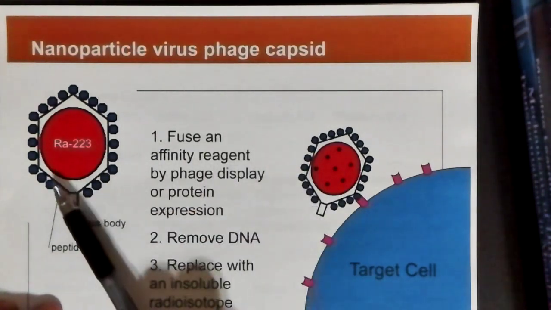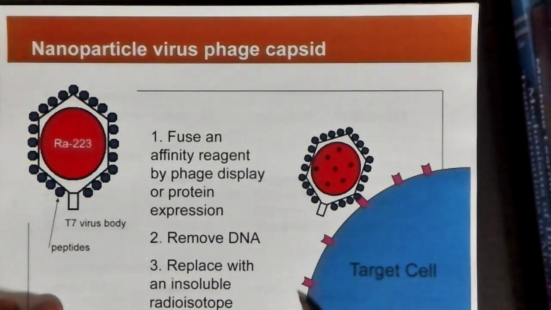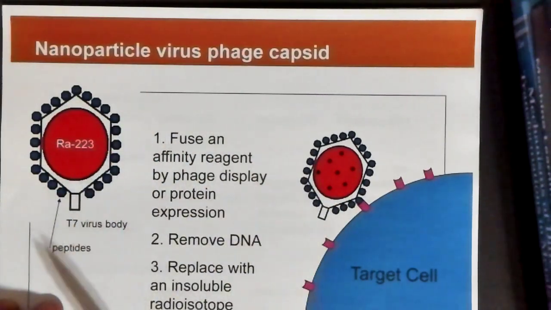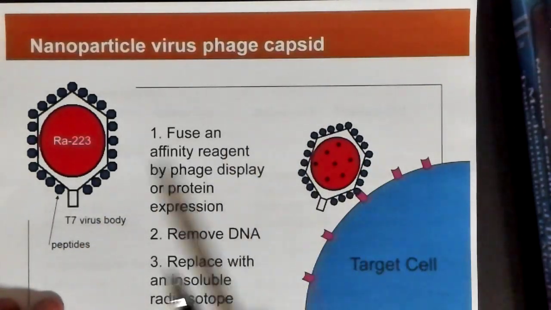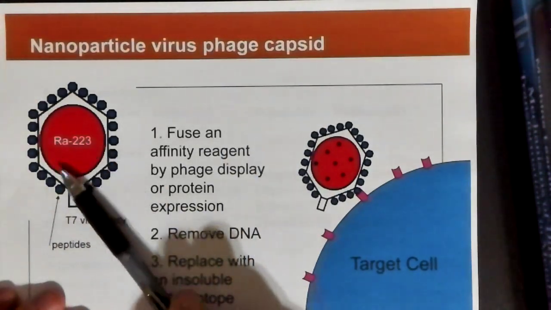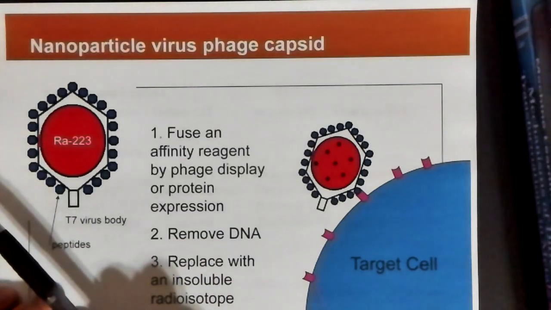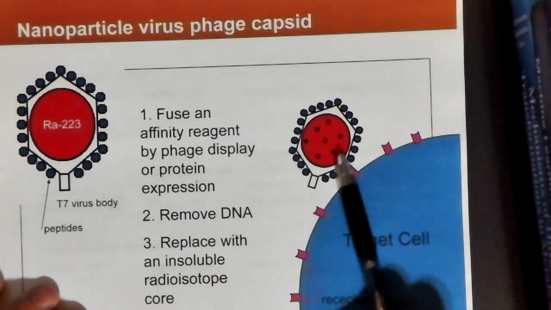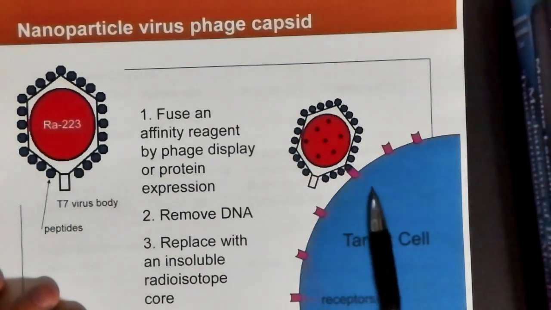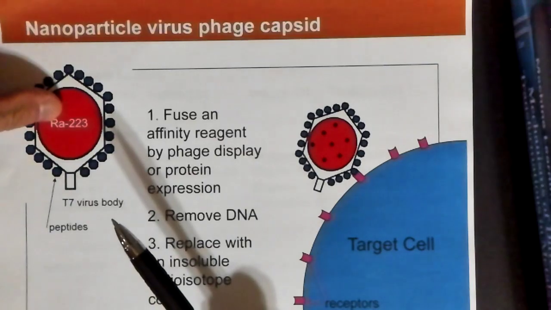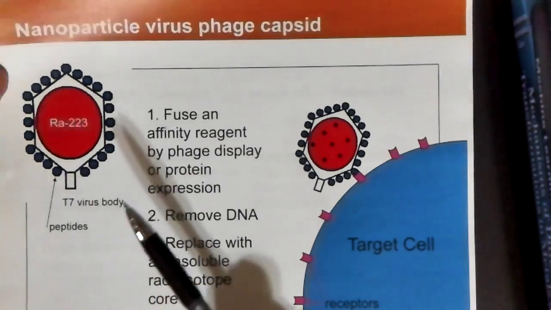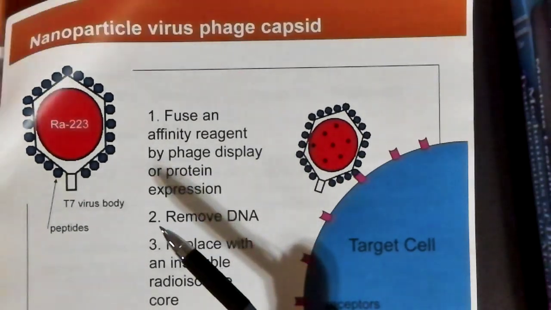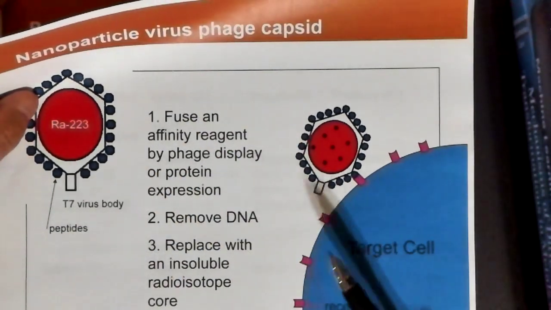That's what it injects into a given cell, and that's how it replicates, by injecting its own DNA into the cell and tricking the cell to replicate the virus. But what you do is insert a radioisotope, which is kind of a cool idea, in there instead of the DNA, and so now you can use the virus to inject it into the target cell. Hopefully you can get some specificity to get these phages to target a given type of cell, hopefully a cancer cell.